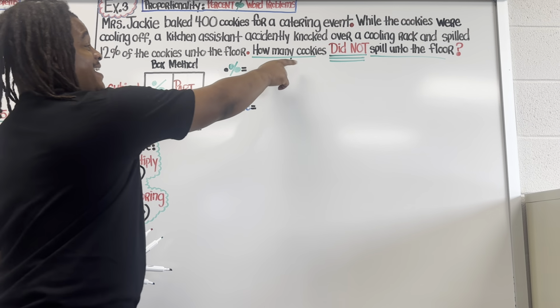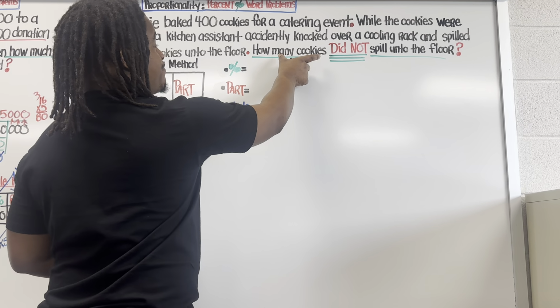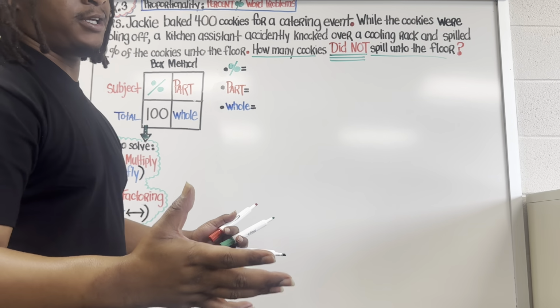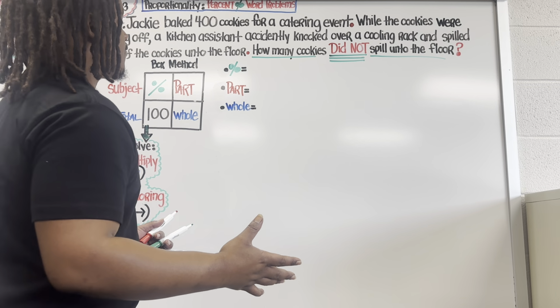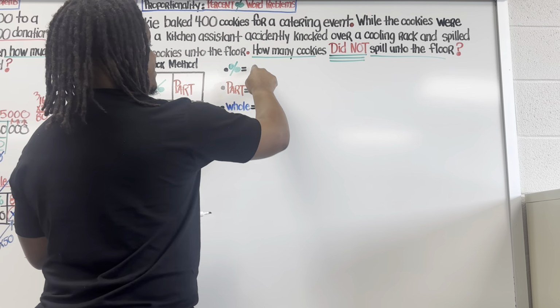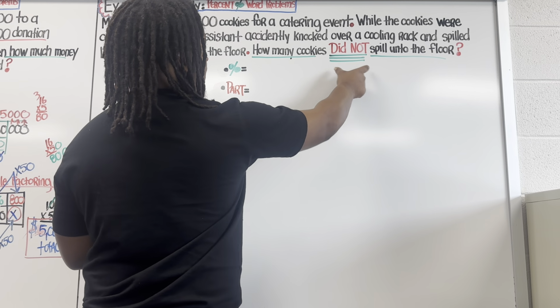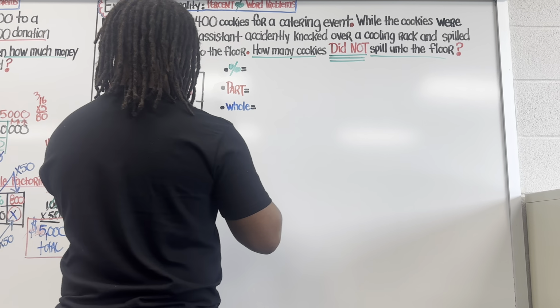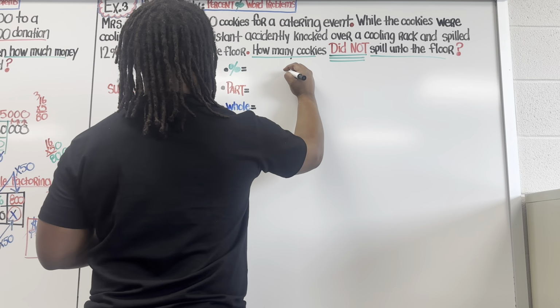So if the question is asking us, guys, and this is based on the partial or part of the whole, because we know that not all cookies spilled onto the floor, right? Then we know that the part and the percent represents how many cookies did not fall or spill onto the floor. So let me go ahead and write that as the subject line.